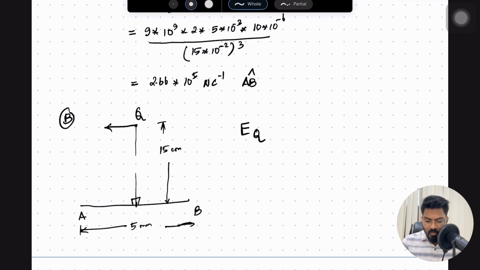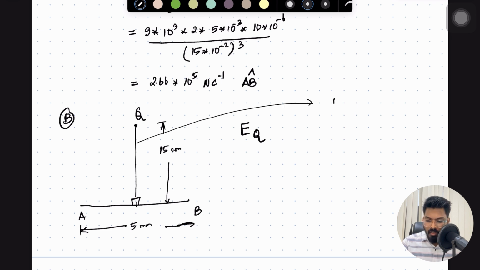So at this point we don't know how Q is going to act. However, you would have studied in theory that if there is a point which is on the line that is passing through the center of the dipole, that point is called equatorial in nature, because it is present on the line that is passing through the center of the dipole, equatorial point.